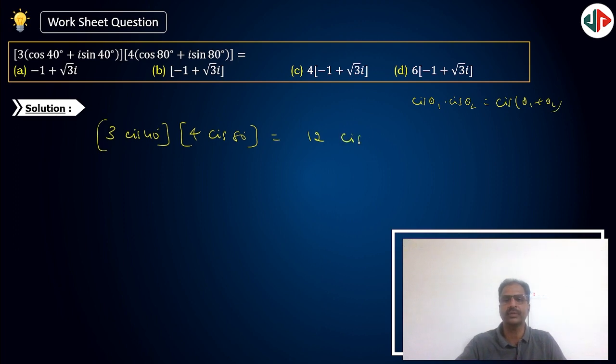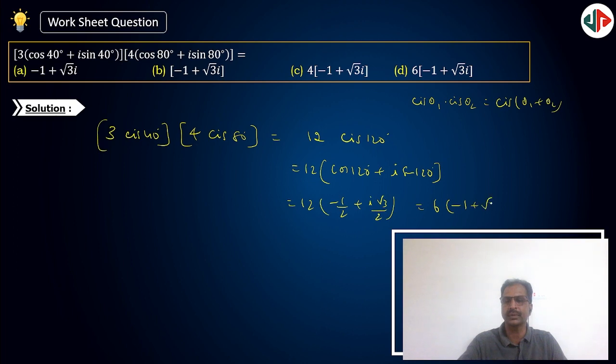So this is 12 cis of 120. What is cis of 120? Cos 120 + i sin 120. Cos 120 is minus 1 by 2, sin 120 is root 3 by 2. So this is 6 into (minus 1 plus i root 3). Option D.